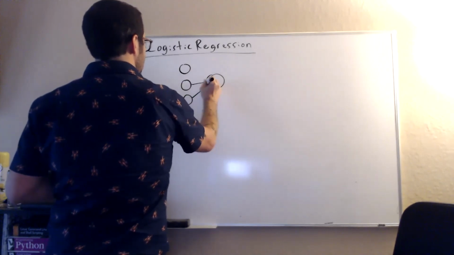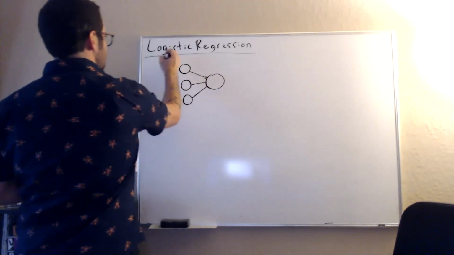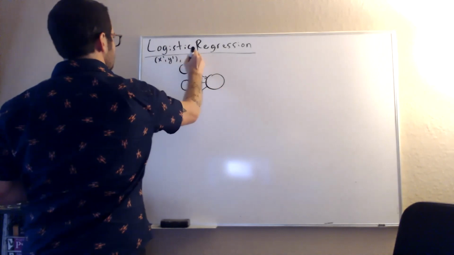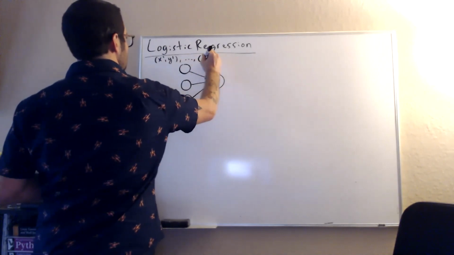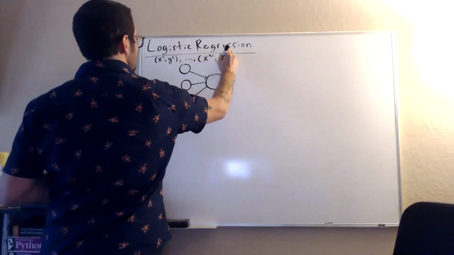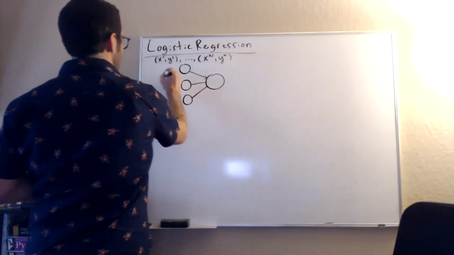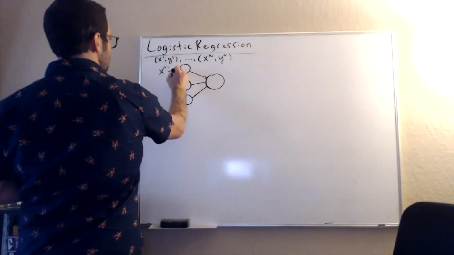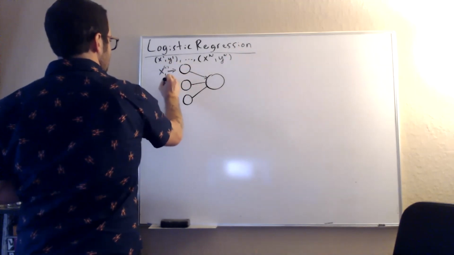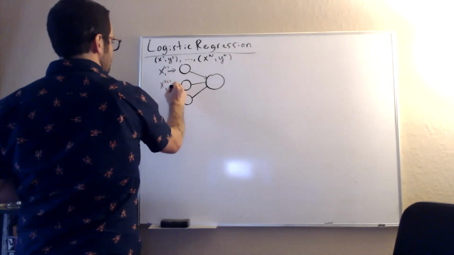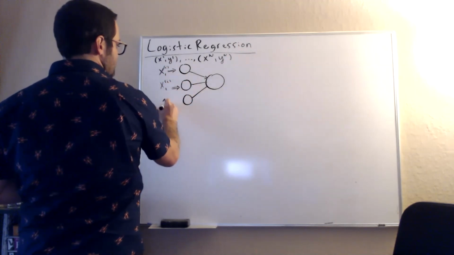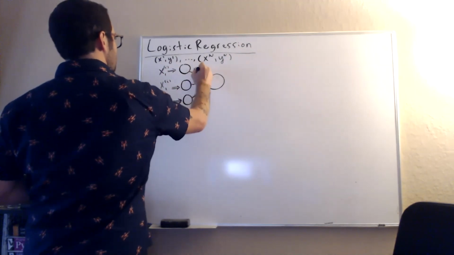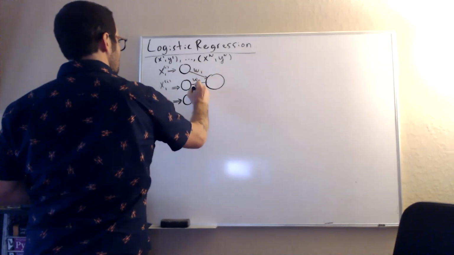So for a given input, we have x1, y1, dot, dot, dot. So we have n data samples. And then for each of these features, we feed into this simple neural network, and then we have our bias here. So we have weight1, weight2, and then our bias.